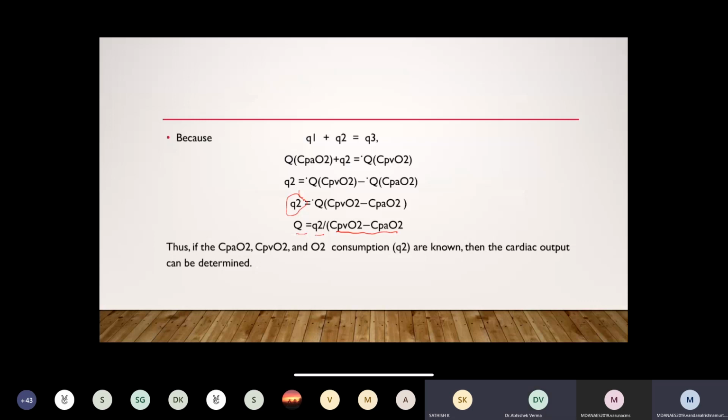Q2 is oxygen consumption, measured by the difference between the inspired and expired oxygen content, divided by pulmonary venous oxygen content minus pulmonary arterial oxygen content, sir. From that we can derive the cardiac output.